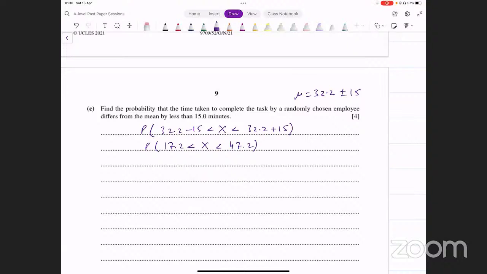ठीक है. 15 को z पे कन्वर्ट कर लें. You could do that, but why? Yes, so yes, you could do that.